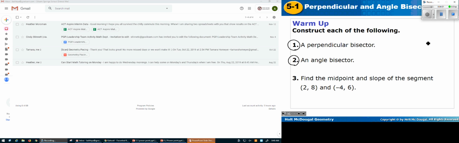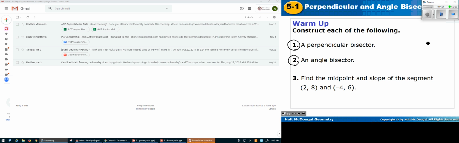Sorry, Jacob. Okay, very good. So I put my compass point at the vertex and I make an arc that intersects both sides of my angle, or both rays. I'm going to go ahead and label those intersection points just so I can talk about them. So I'm going to call one of them B and one of them C.